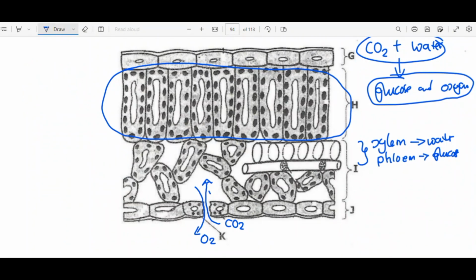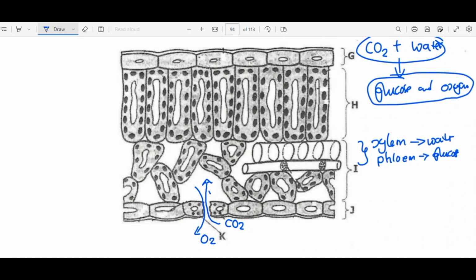So the numerous amount of light must be used in this region, or we can simplify by saying that the process of photosynthesis is high in region H because of, number one, the arrangement of cells, and second, the high concentration of chloroplast.